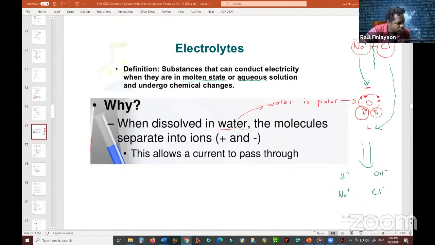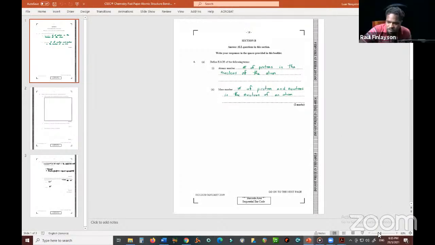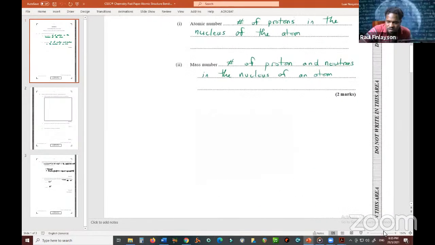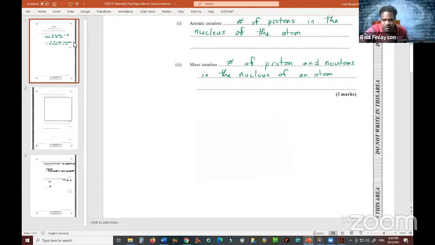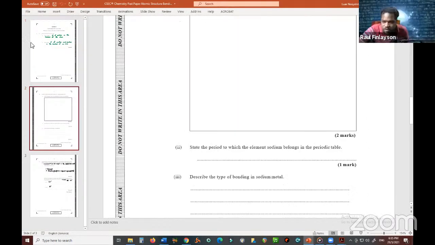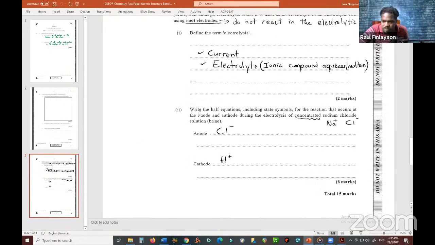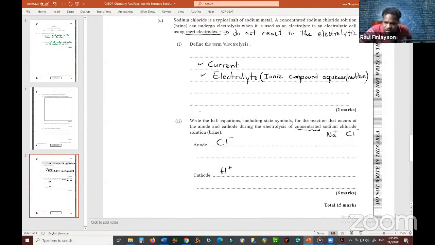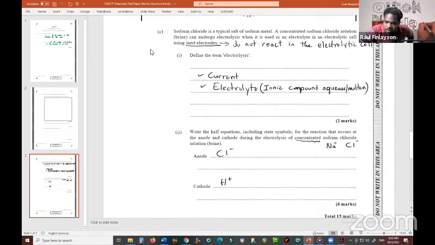As a matter of fact, if we look at this question that I would have sent before, let's see if I can bring it up. Yeah, it was actually this paper that we did, and it came into defining the term electrolysis, and we are learning about the video that we just saw here.